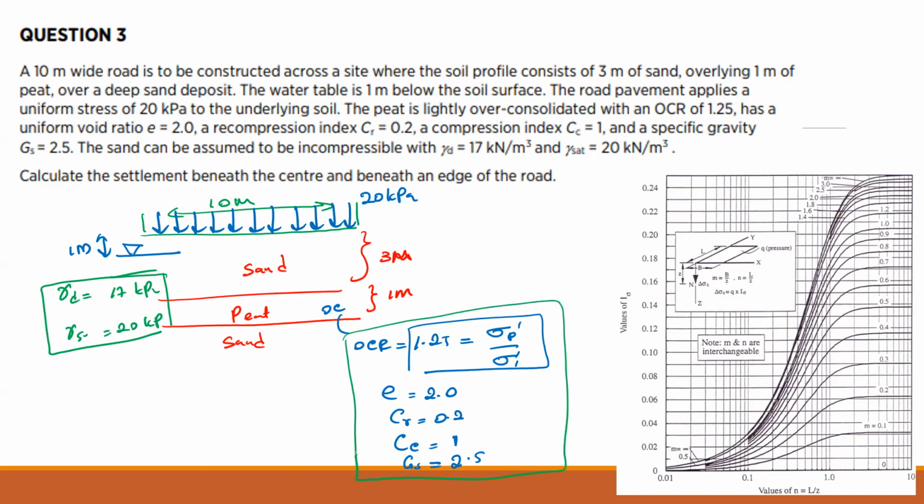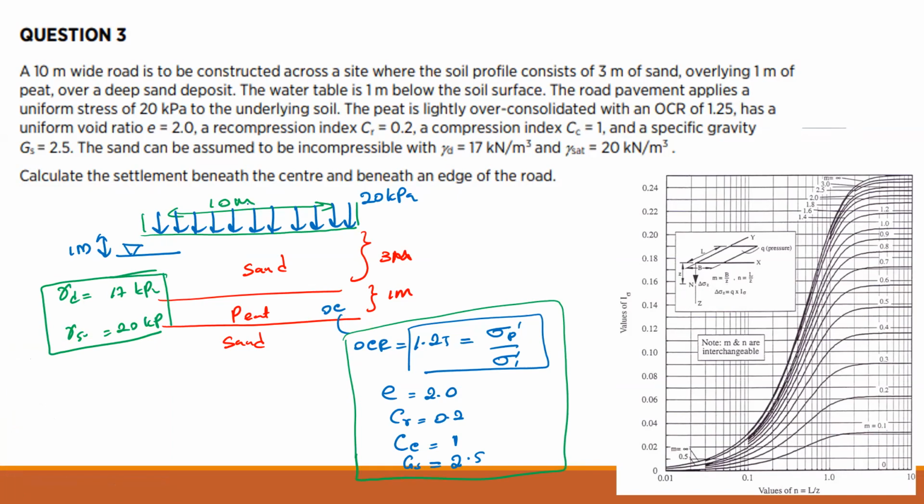Now let's see what they're asking you to find. Calculate the settlement beneath the center and beneath the edge of the road. So you have the road. The road is 10 meters wide, but how long is it, guys? It's infinite, isn't it? The road is long, so it is infinite. So one side is 10 meters, the other side is infinite.